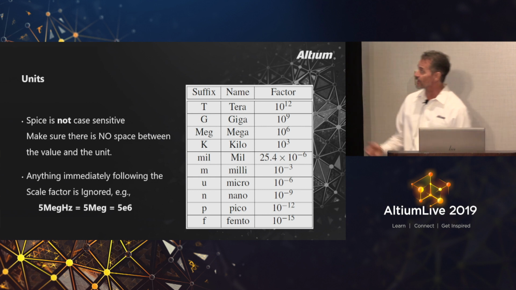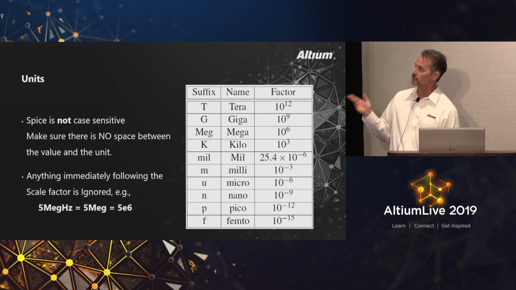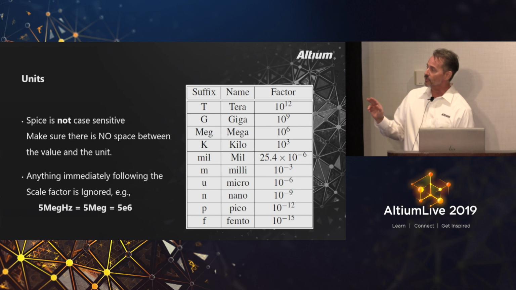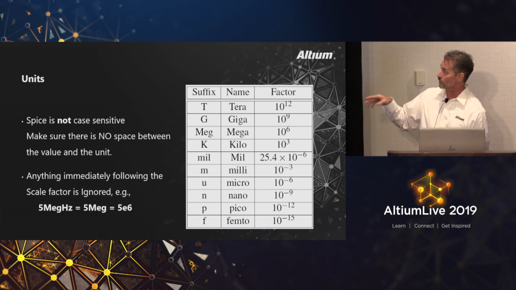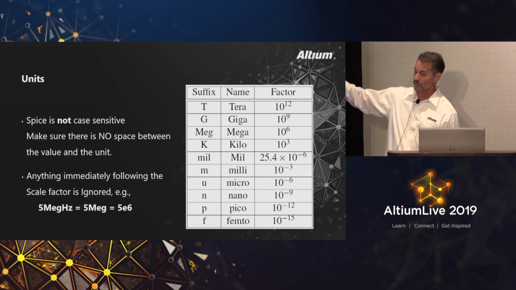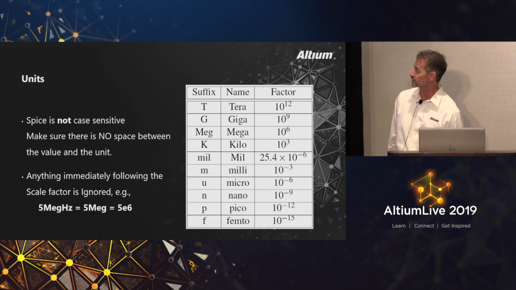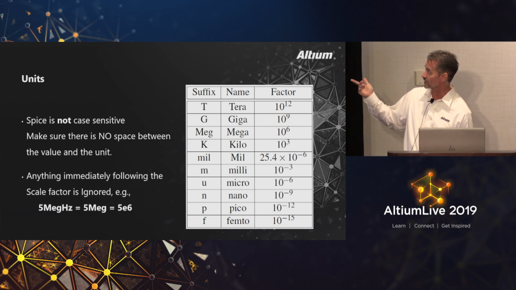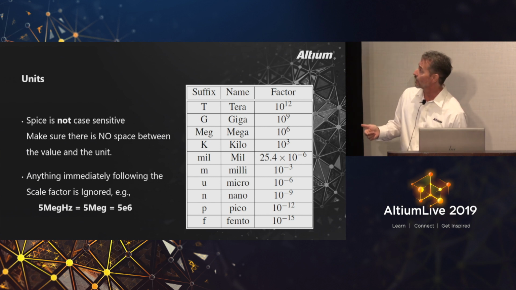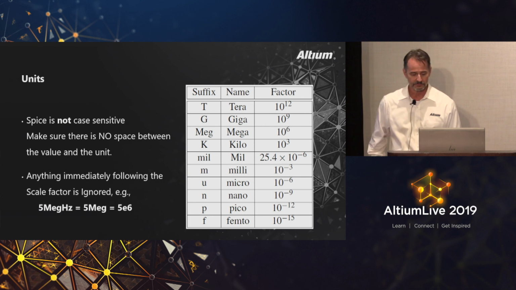For setting the values, as I mentioned, SPICE is not case sensitive. You want to make sure that there's no space between the value and the unit multiplier. Here's a little chart of the supported prefixes. You can use M for milli and MEG for mega to differentiate them, or you can use the scaling factor like 1E3.